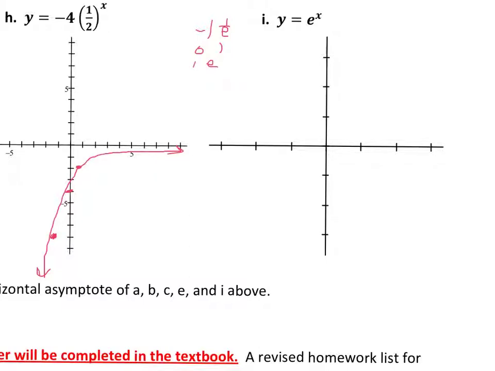And remember what e is, approximately? E is roughly 2.7. So 1 over 2.7 is a little less than 1/2, so negative 1 and a shade under 1/2, 0 and 1, and 1 and 2.7. Where did this e come from?